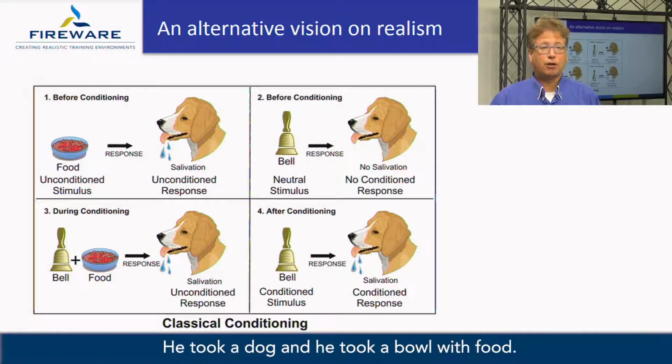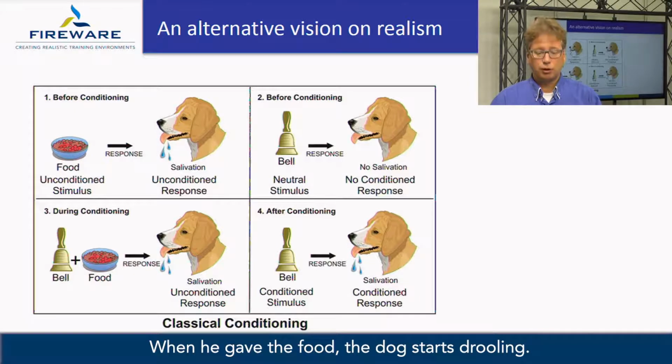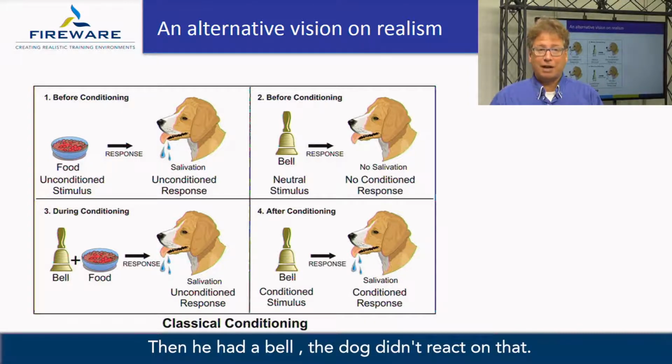He took a dog and he took some food. And when he gave the food to the dog, it reacts on it by drooling. And when he had a bell and he rang the bell, the dog did completely nothing.